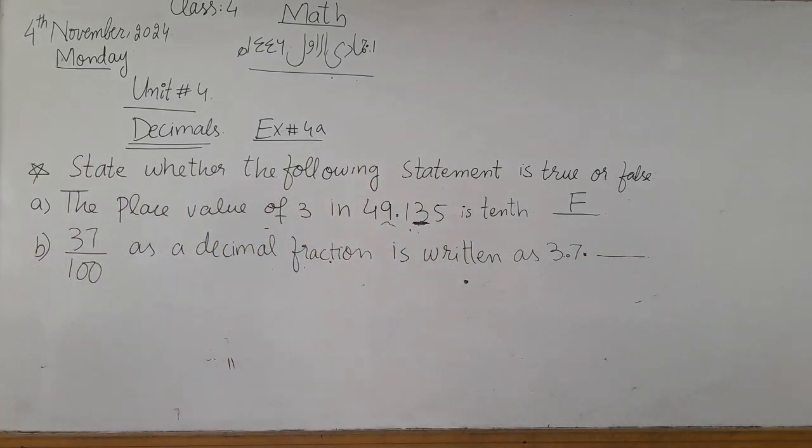Is it true? Tell me, Gaurav, is it true? 37 by 100 as a decimal fraction is written as 3.7? False. Good. This is false.